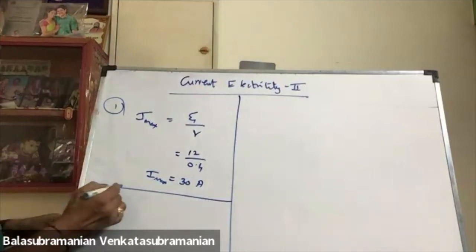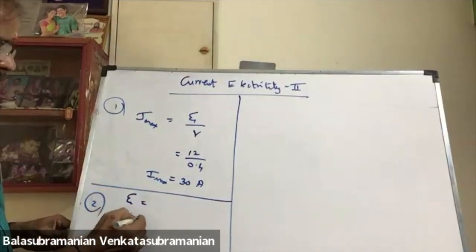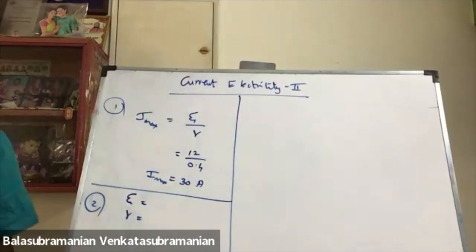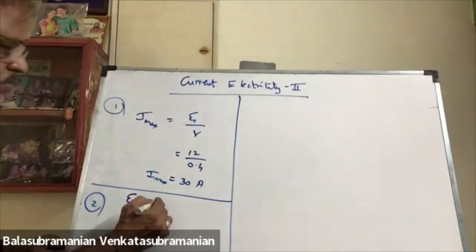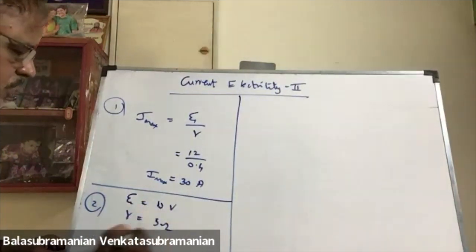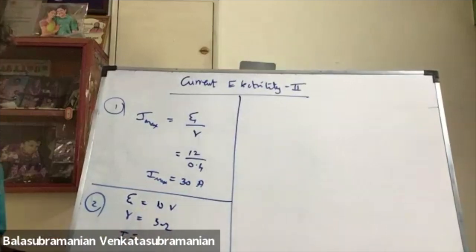EMF is given, internal resistance is given, current is given: 10 volts, 3 ohms, current is 0.5 ampere.